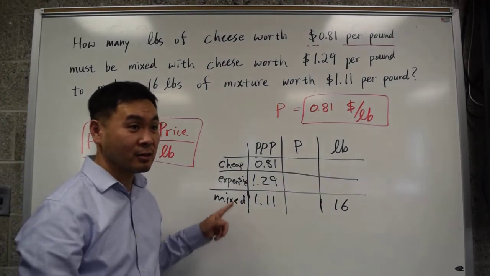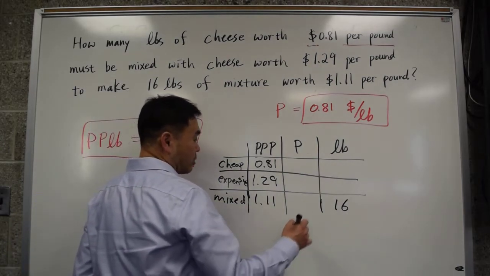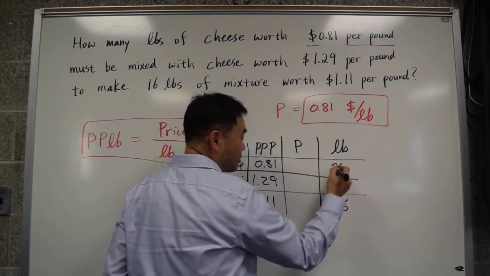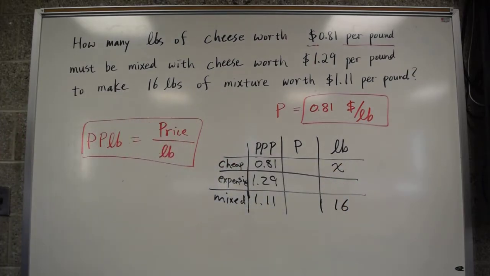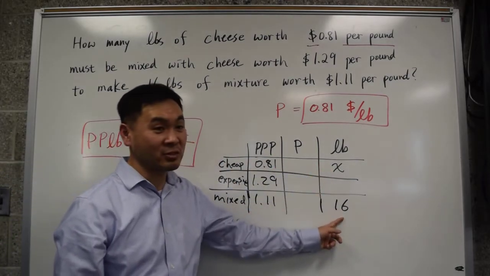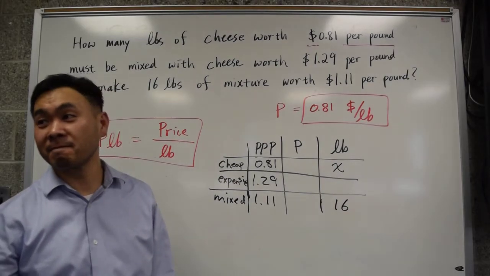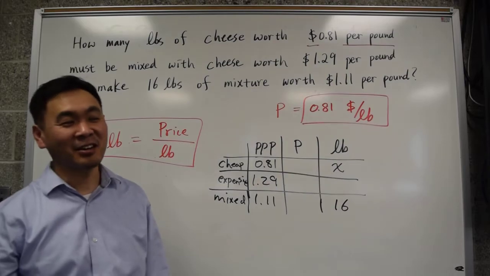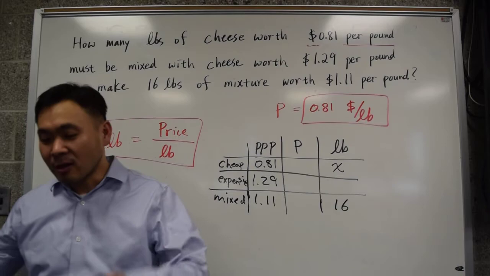So we'll just put x for one of them. Then what goes in here? If cheap is x and the total should be 16, what goes in here? x minus 16? x plus 16? x divided by 16? No.